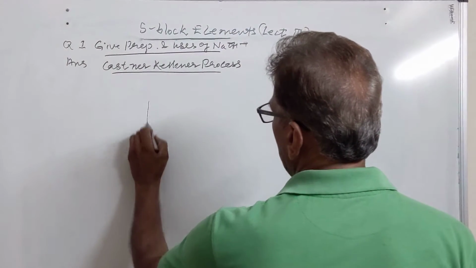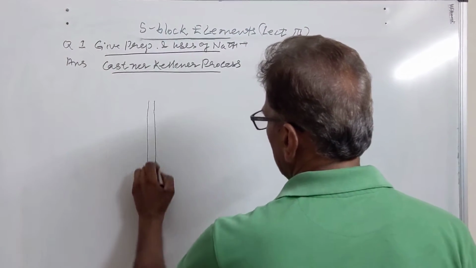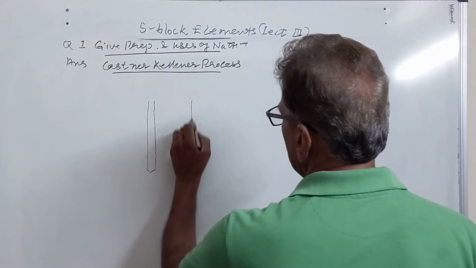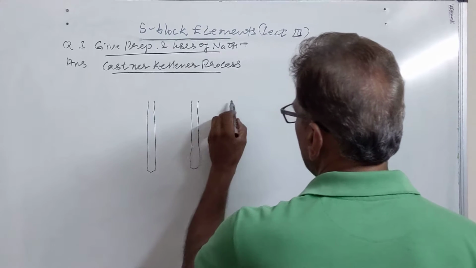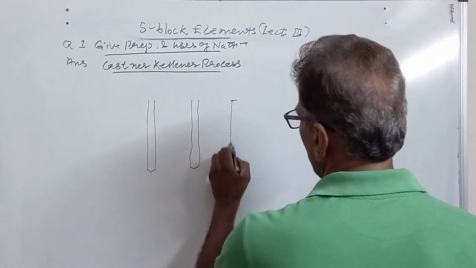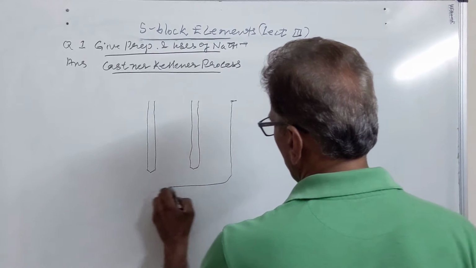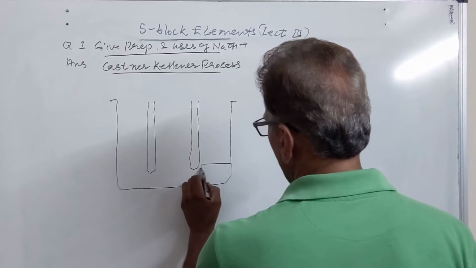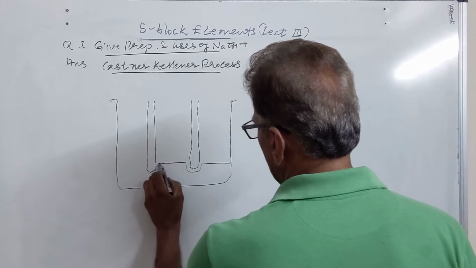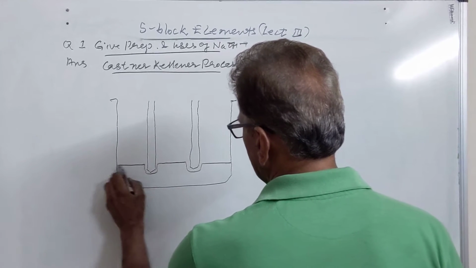So what is done in this case, we have a 3-compartment cell. These are the slate partitions which divide one compartment into 2 compartments. Here we have some grooves to rest these slate partitions.